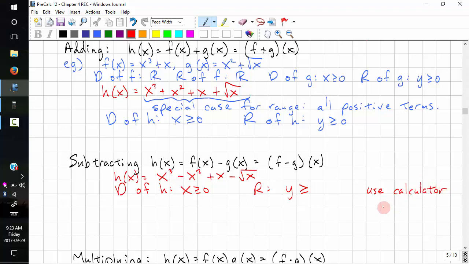And we find that the min is negative 0.333. And the reason is because positive x cubed dominates.